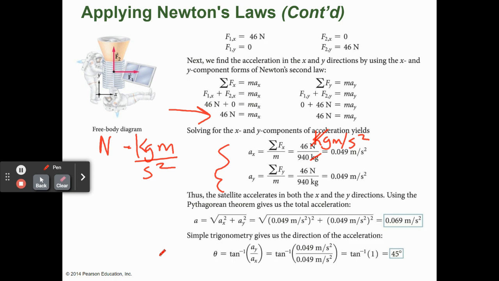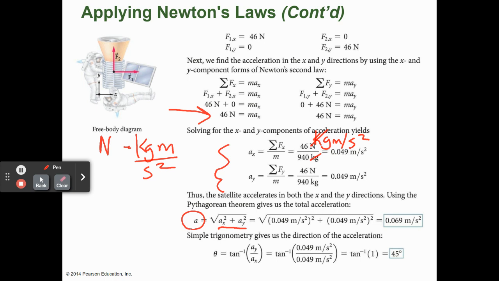How do we do that? Pythagorean theorem. So A is equal to the square root of A in the x direction squared plus A in the y direction squared. So to find the actual acceleration, we're going to square them, add them together, take the square root.